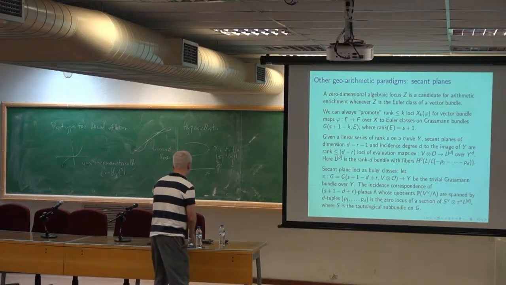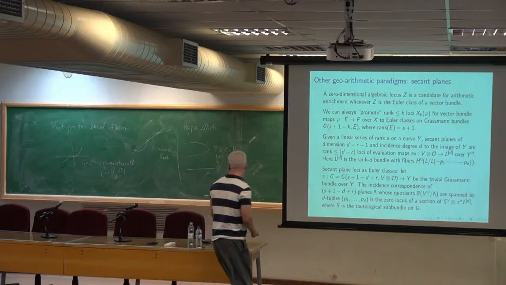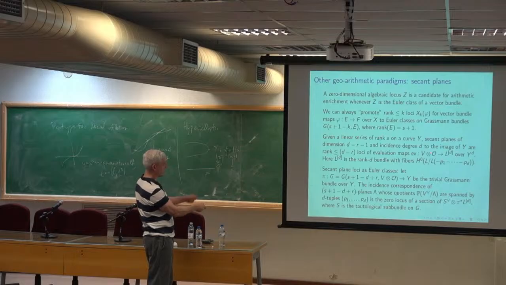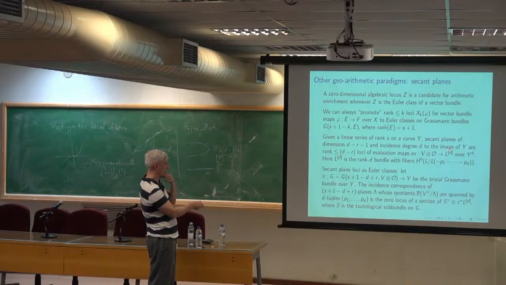I think this is a little bit hard to read, but I'll spell it out here. If I ask for d-secant planes of projective dimension d minus r minus 1, what that means at the level of rank loci is that I have evaluation maps of sections that define my linear series, and I evaluate these sections in d-tuples of points.